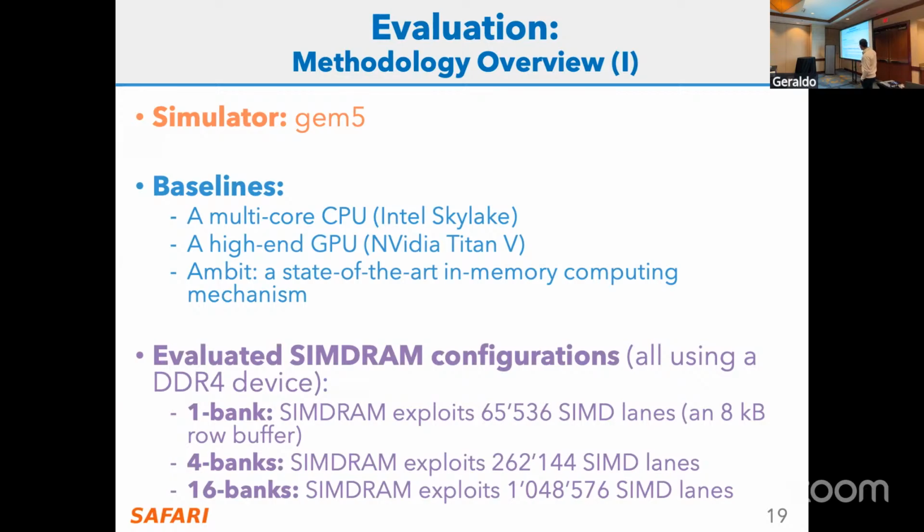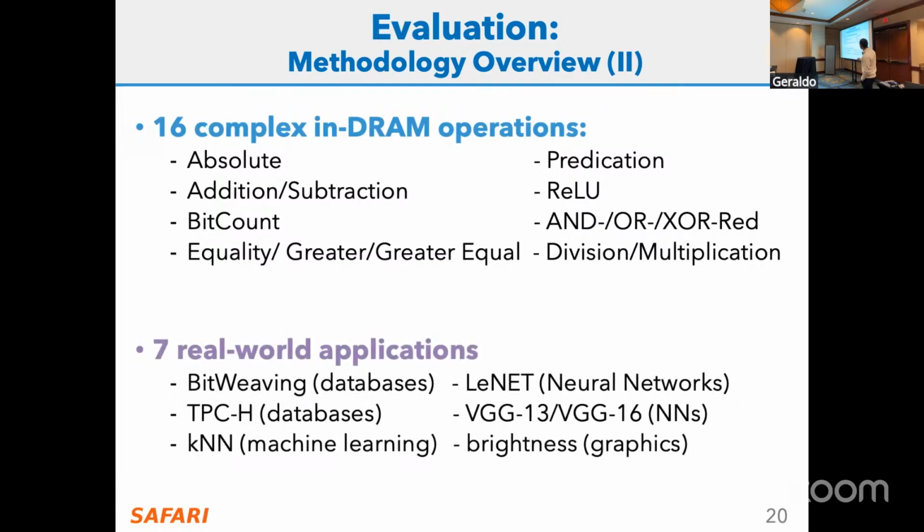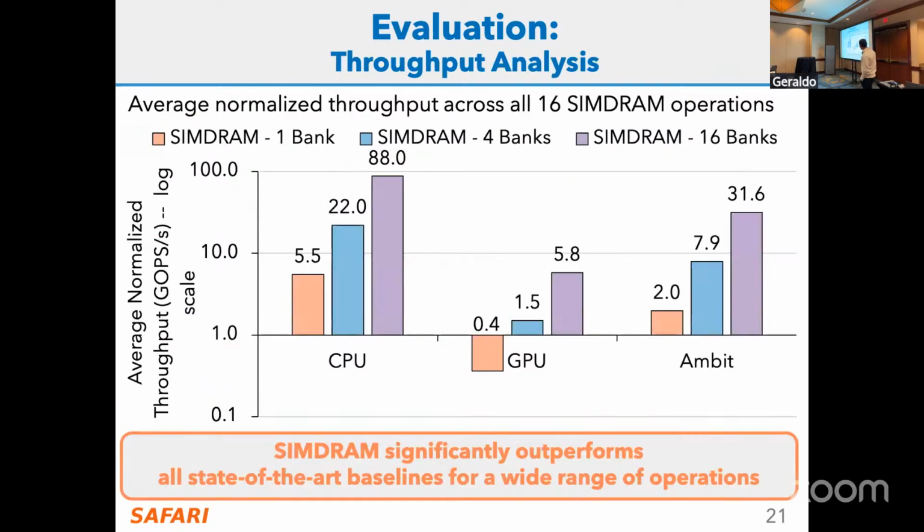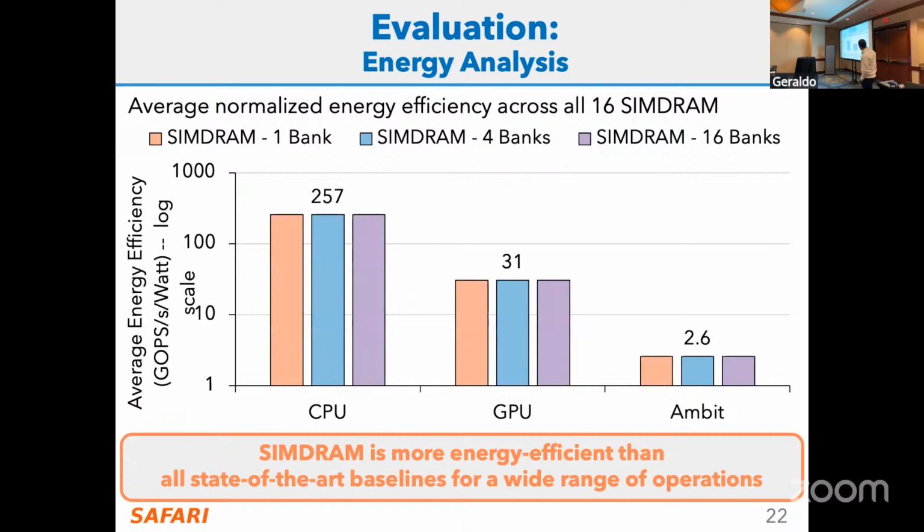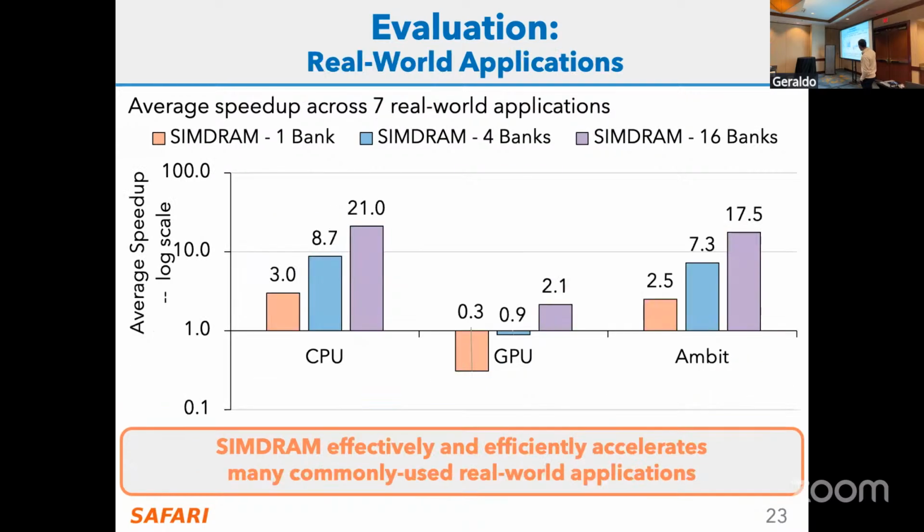We use it to implement 16 complex in-DRAM operations, including addition, multiplication, division, and we use those implementations to accelerate 7 different workloads. And we see that in terms of throughput, SIMDRAM significantly improves compared to CPUs and GPUs, and also in terms of energy efficiency and end-to-end speedup for those 7 applications.